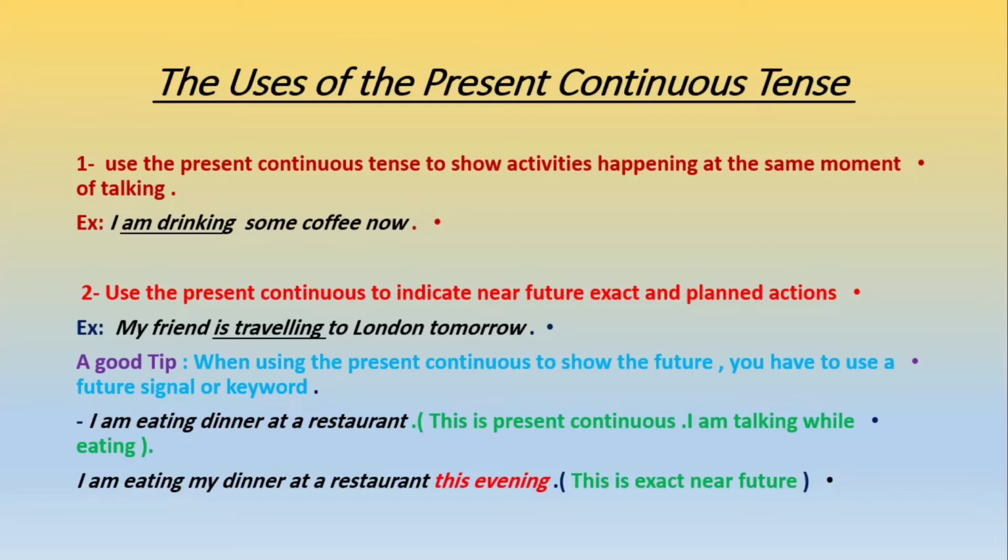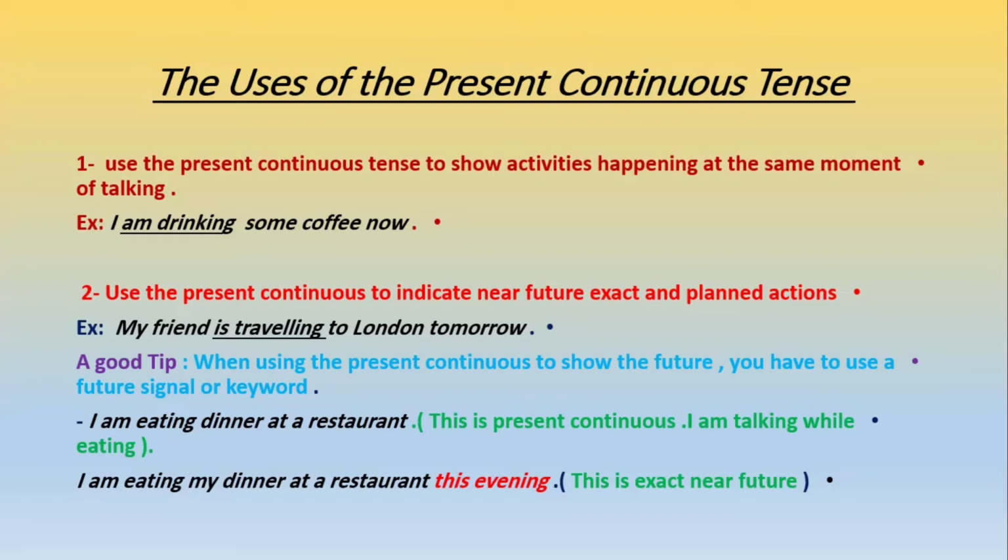And the second use: the present continuous is used to indicate the future, as I have said before, but under one condition: the future is planned, near, and exact, and I'm sure about this future action. For example, when I say, my friend is traveling to London tomorrow.